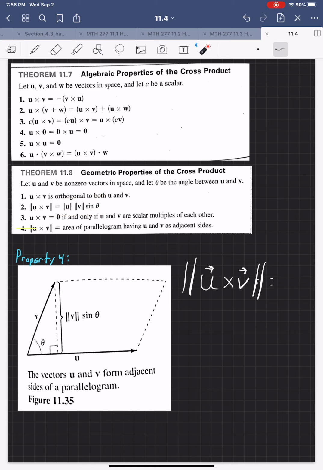The other geometric properties we've already really discussed. For example, I've already said that the cross product of u and v is orthogonal to both u and v. We've already discussed that.